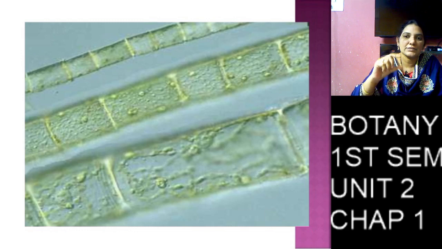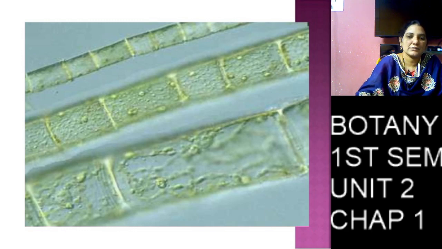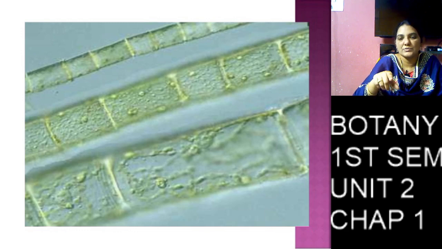Then the daughter cell enters into the ring-like structure, which stretches and forms a cylindrical covering cell, and the daughter cell enters into it and forms a cell wall.